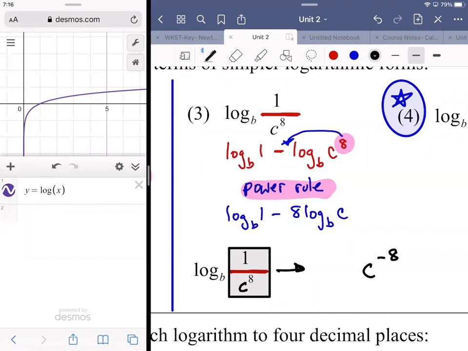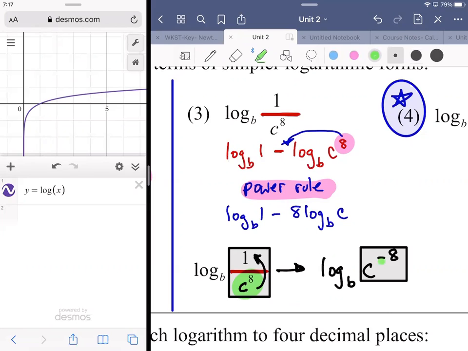So I could write this as log base b of c to the negative 8th. One of the properties of exponents tells you that you can move a term from one part of a fraction to another as long as you negate the exponent. So I'm choosing to move this up to the top, and in doing so, I negate the exponent.